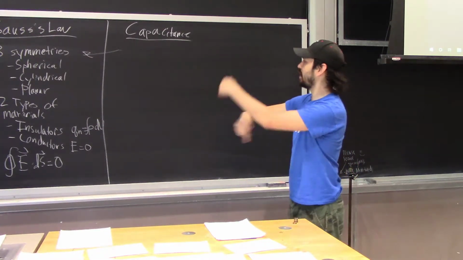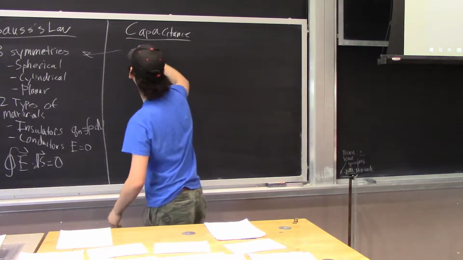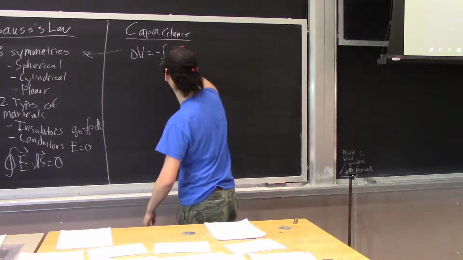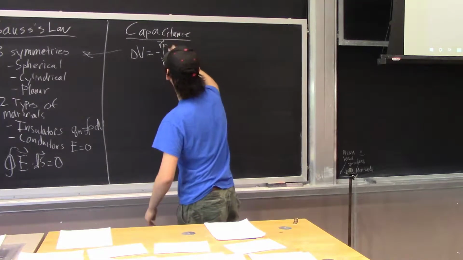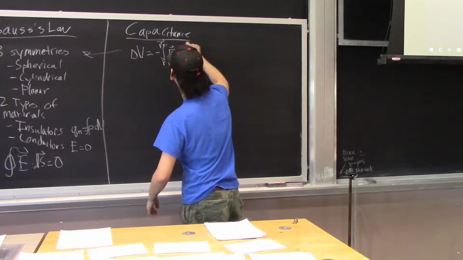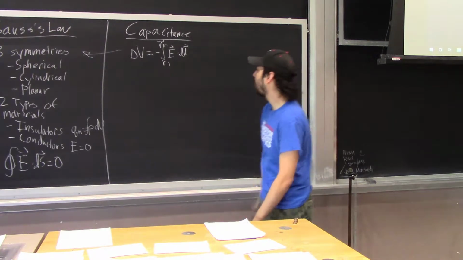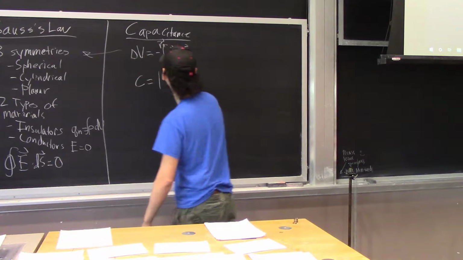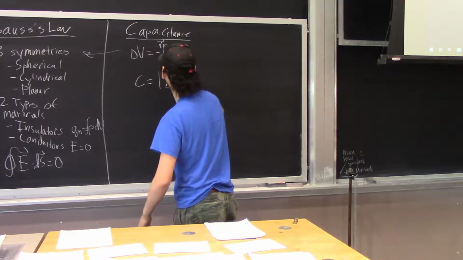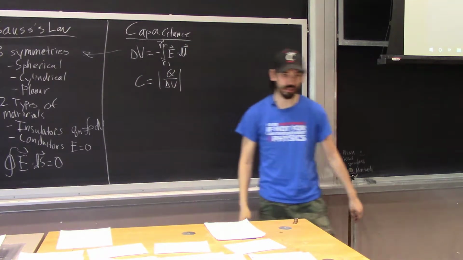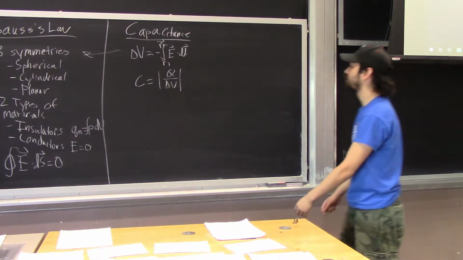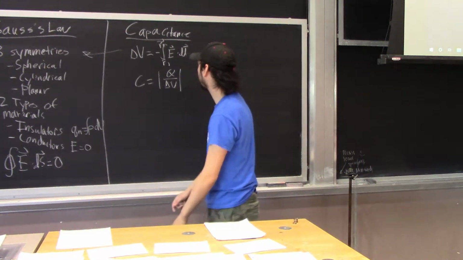The only thing that we really added on top of this was to say that the definition of the difference in electric potential is equal to the negative integral from R1 to R2 of E dot dl. And that by definition, the capacitance C is going to be equal to the absolute value of the ratio of the charge on some conducting system to the difference in electric potential between those 2 plates.